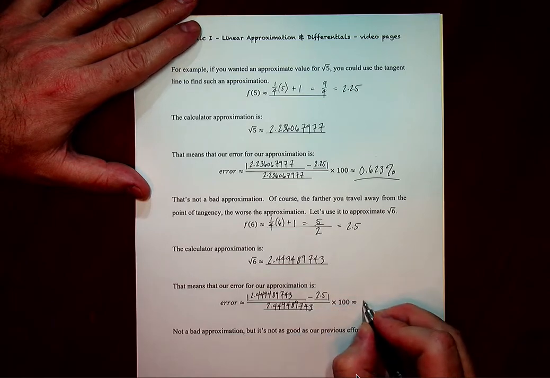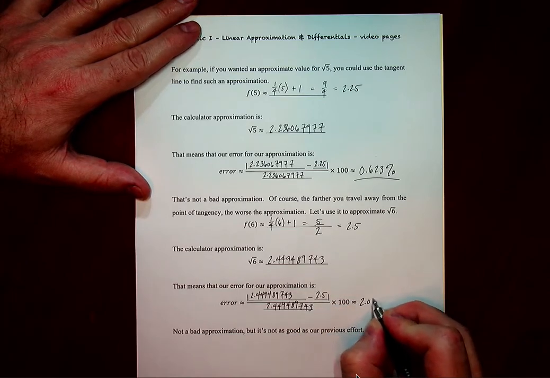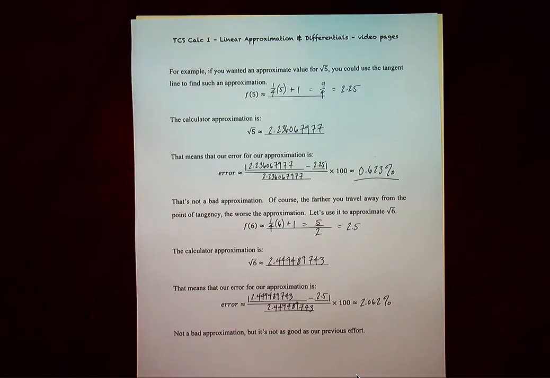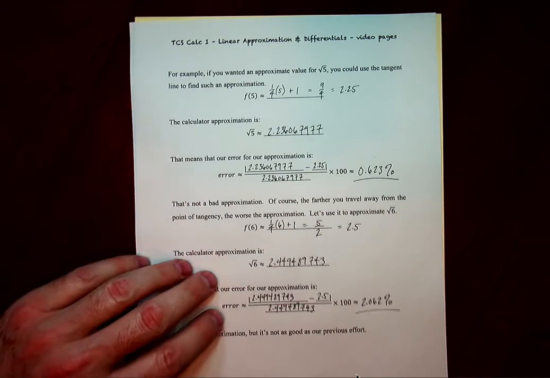And what we're going to find out is that the approximate error is 2%. Okay, not bad, but certainly not great, right? It's not under 1%. It's not a fantastic approximation like root 5 was when you use the equation of the tangent line for that. Okay, well, let's keep traveling.